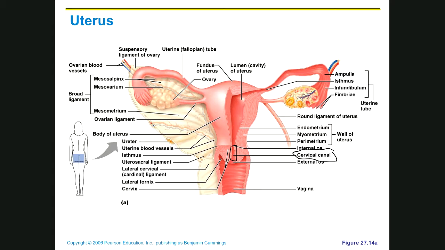It's plugged up because this is outside out here. And there's a lot of bacteria out here. In fact, there's bacteria in here. Well, if those bacteria were to make their way up all the way through here and all the way through here, they could go out into the abdominal, the peritoneal cavity.